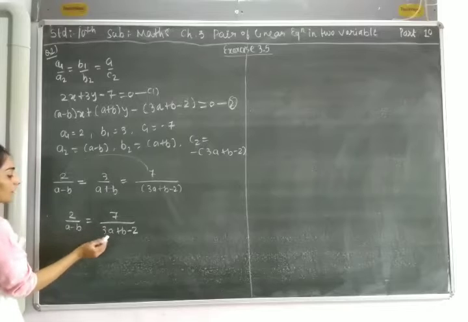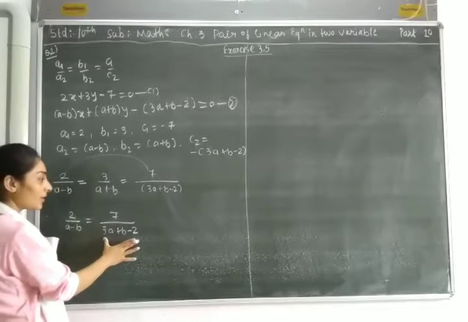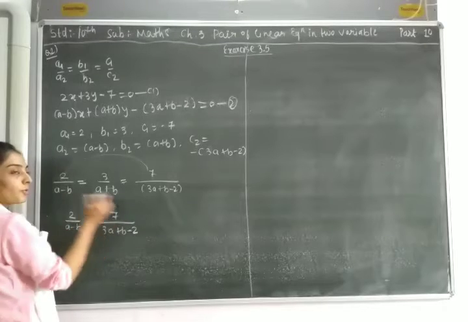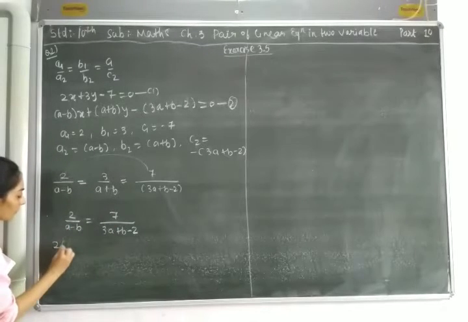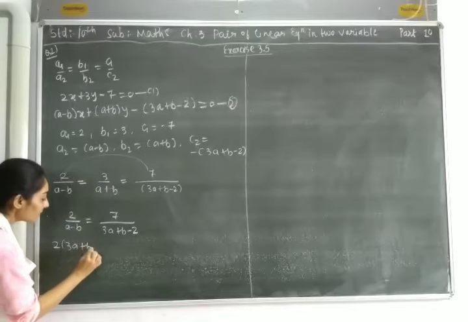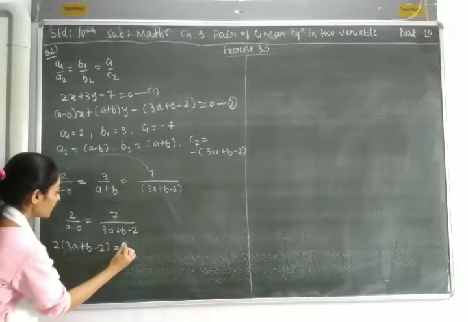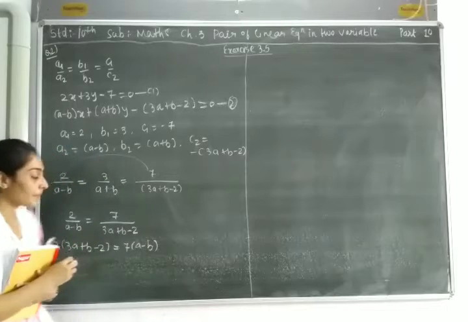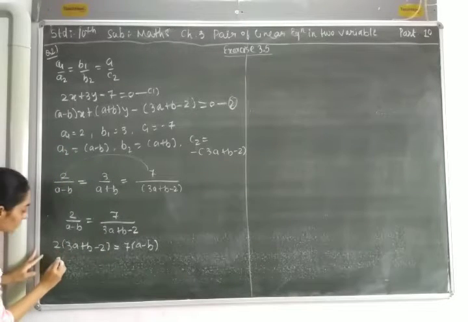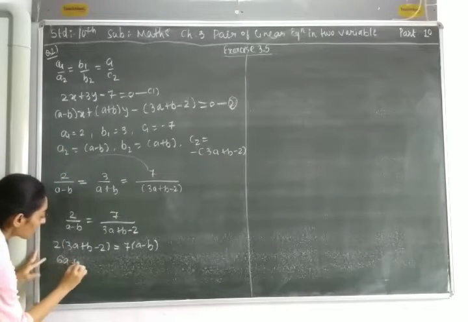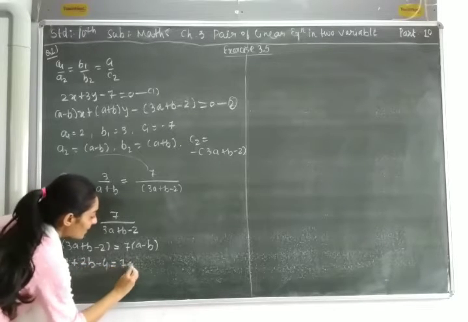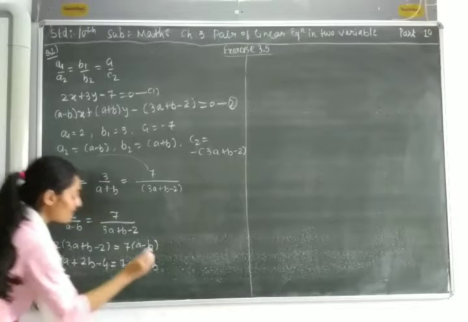Hence, 2 divided by a minus b equals 7 divided by 3a plus b minus 2. Now, taking this denominator into the numerator over here, and this denominator into the numerator over here, we get 2 times 3a plus b minus 2 equals 7 times a minus b. Solving this, 6a plus 2b minus 4 equals 7a minus 7b.